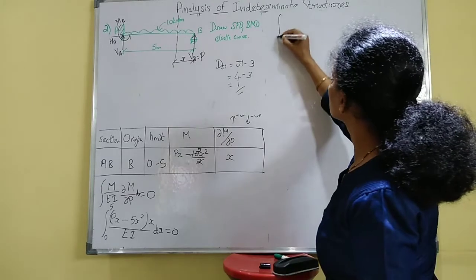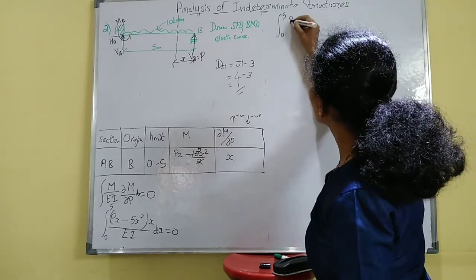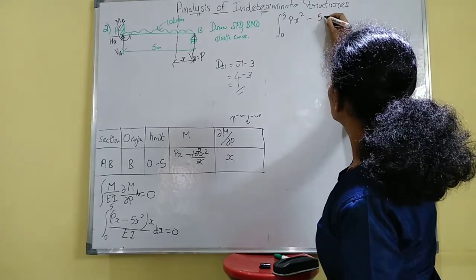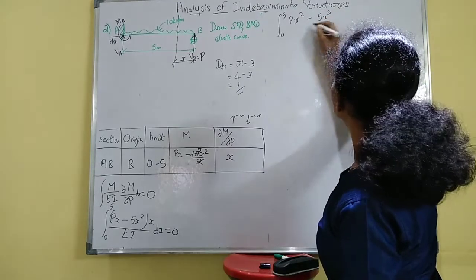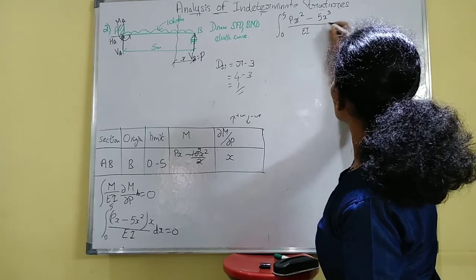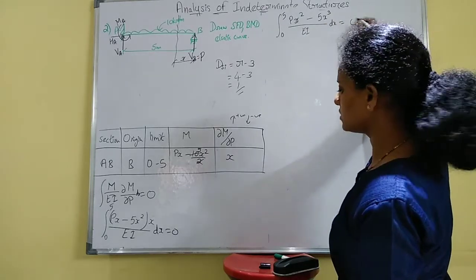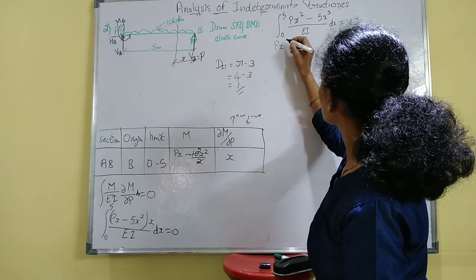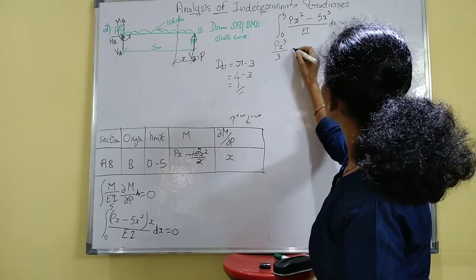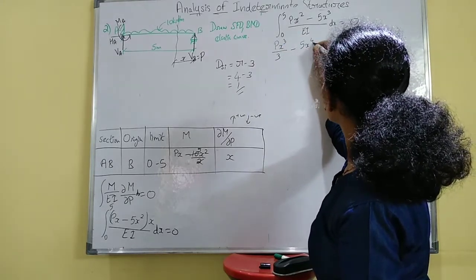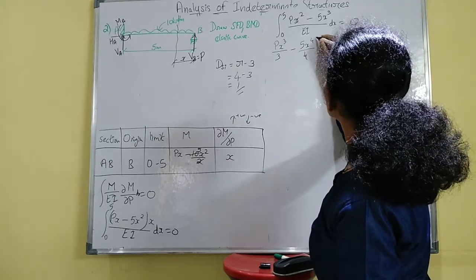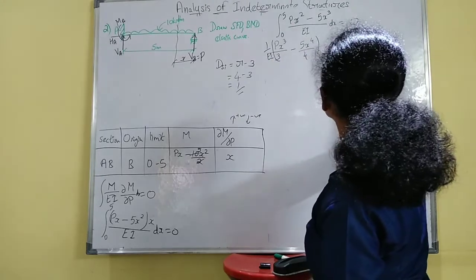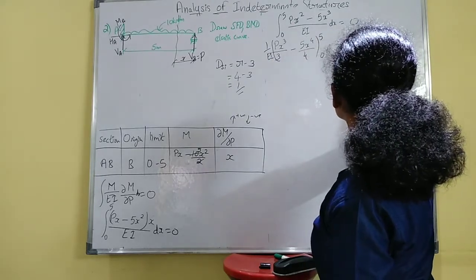So you have 0 to 5, multiply that x, so P into x square minus 5 into x cube divided by EI into dx equal to 0. So after integration, Px cube by 3 minus 5x4 by 4, 1 by EI, 0 to 5 equal to 0.